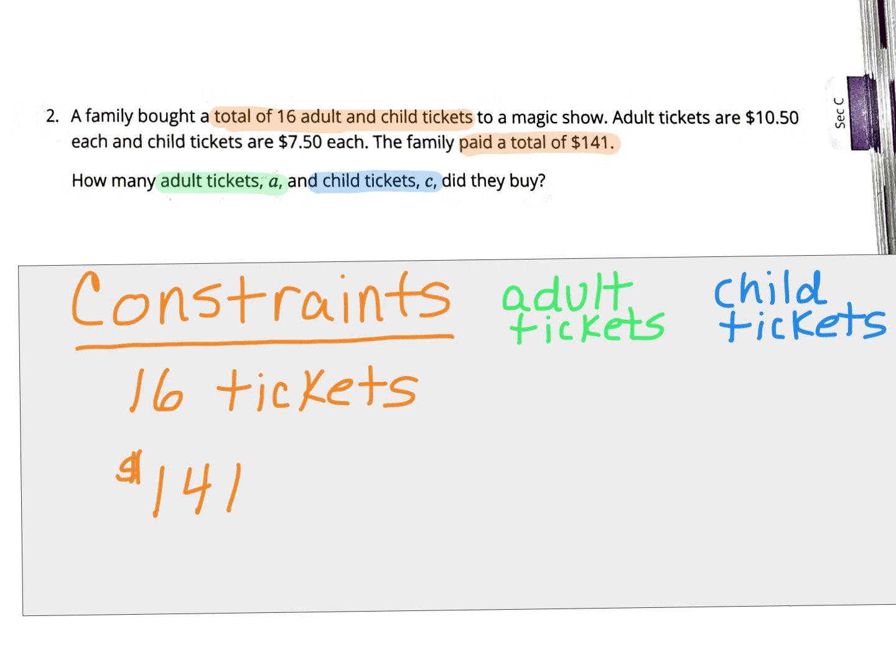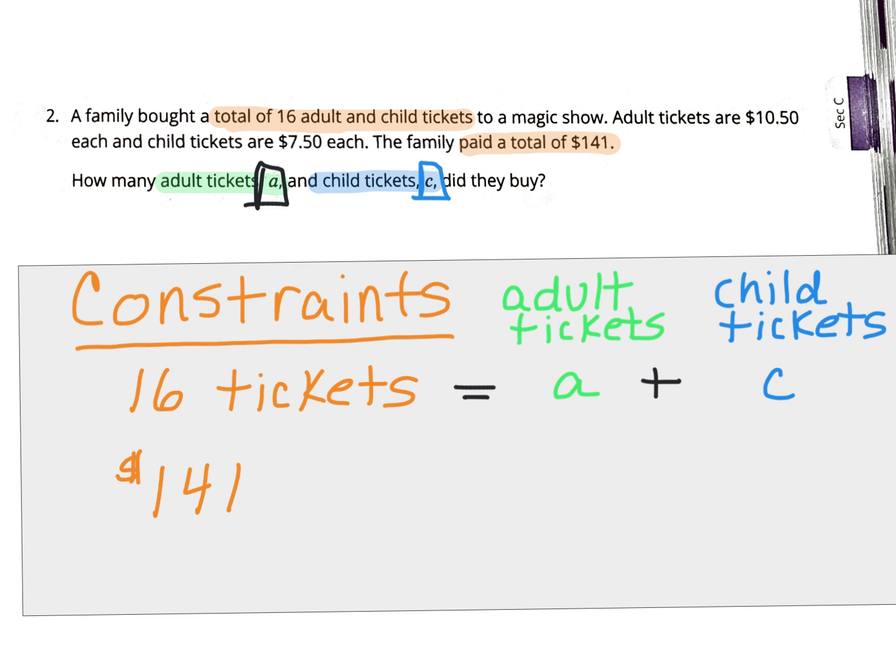So my number of adult tickets, and the problem tells us to use A for adult tickets, and C for child tickets. If I add my number of adult tickets plus my number of child tickets, that will get me a total of 16. So that's one of my two equations.